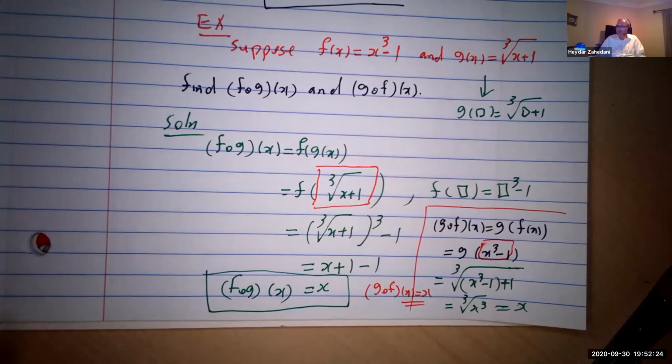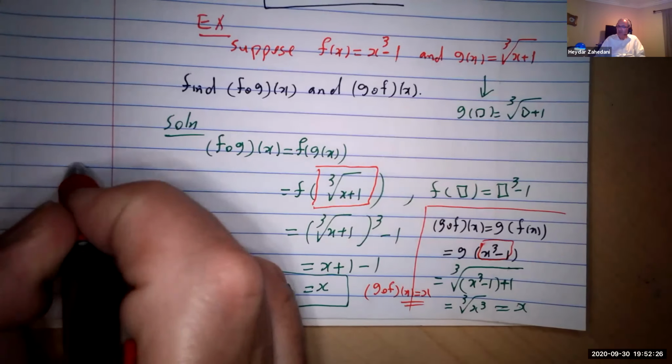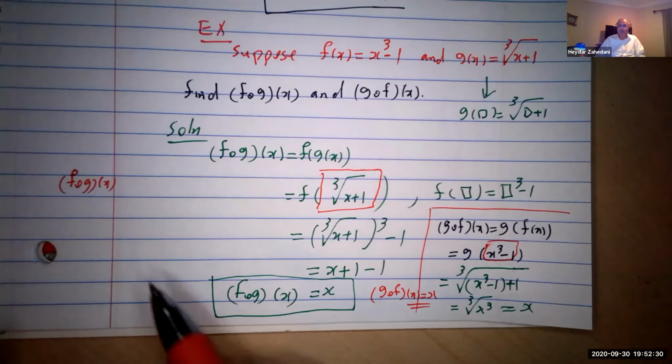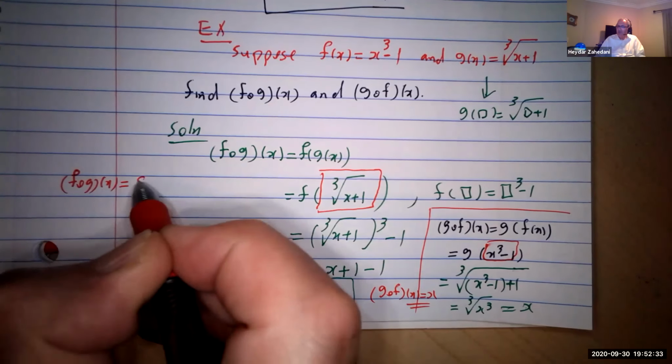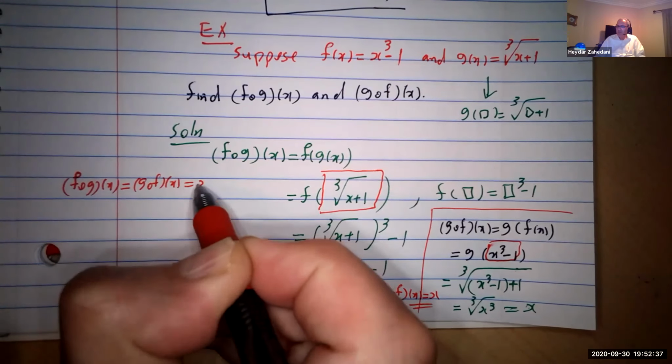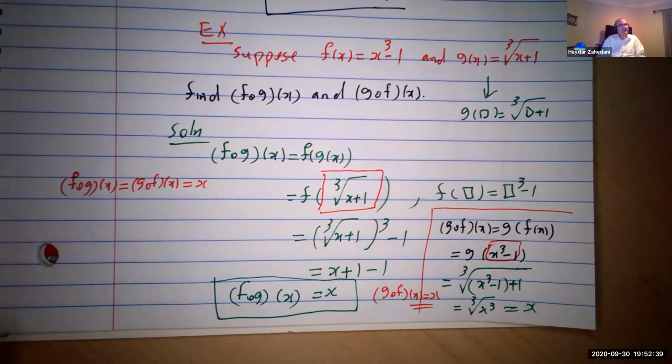You see, f of g of x is equal to g of f of x and equal to x. That's going to be the case that you are going to have. It's like looking into the mirror.